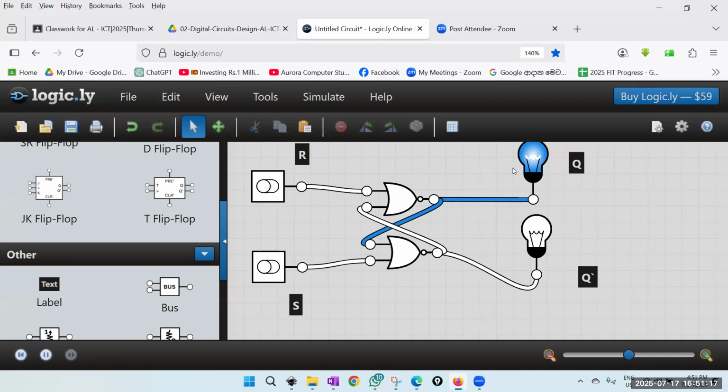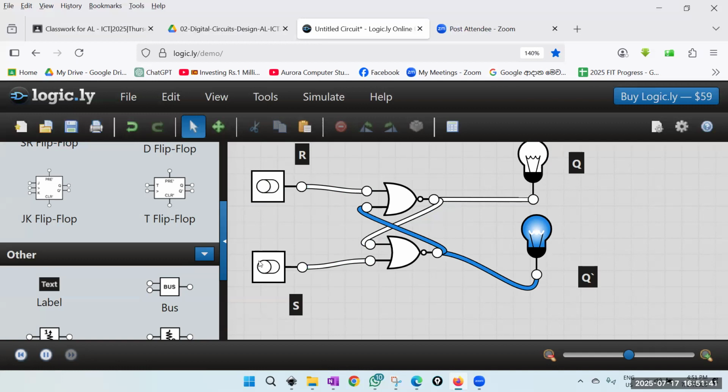If I want to reset, I make R 1 and S 0. Now it is reset. If you want memory again, keep both 0, and it still remembers. That is how an SR latch works. At any time you can set it and it remembers, and at any time you can reset it and it remembers.